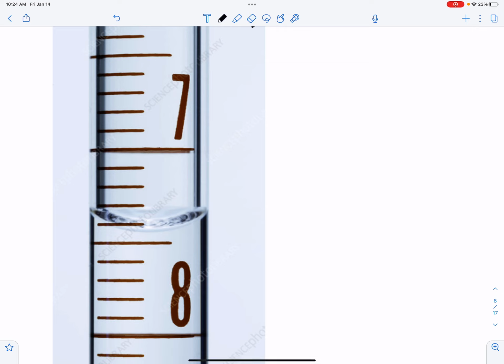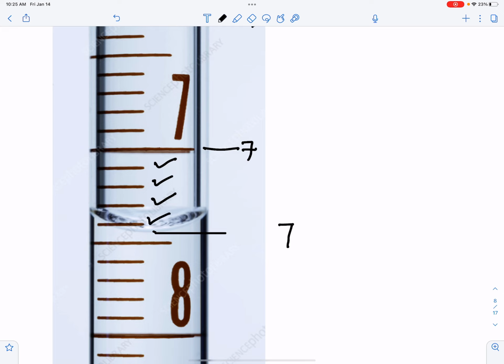So where that curve is located is right there. Let me do that again. That curve is located, say, right there. So what do we have? Well, we know that this is 7, 7.1, 7.2, 7.3, 7.4.